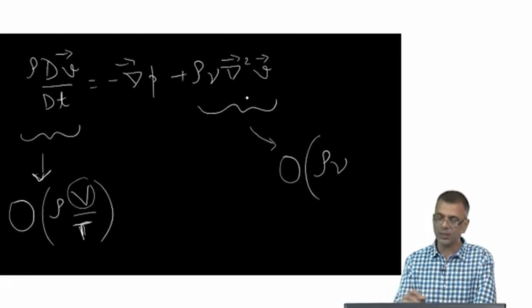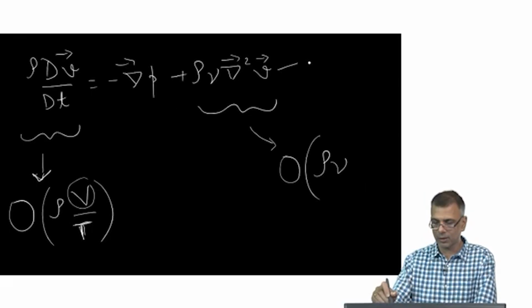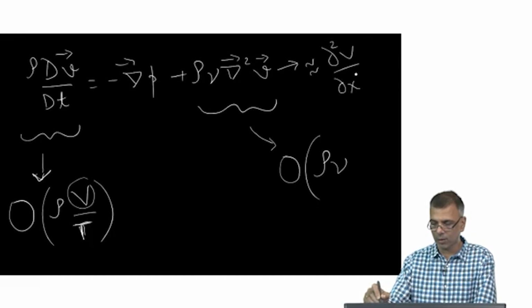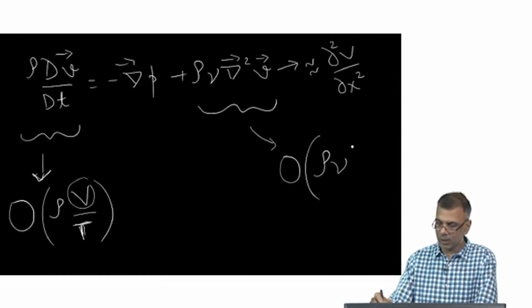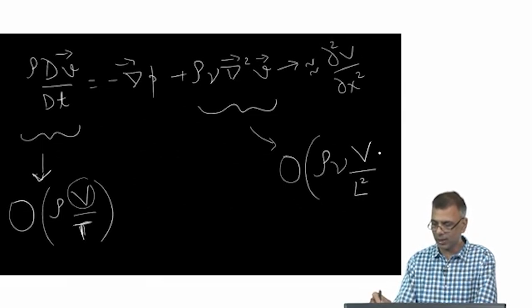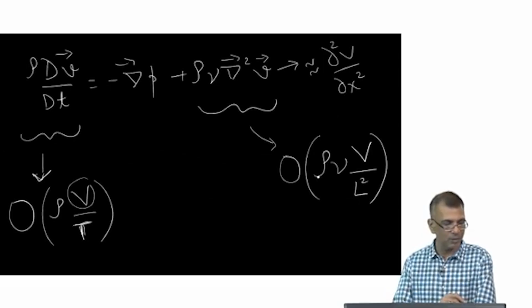So it's essentially velocity divided by some length scale squared. It is some kind of characteristic velocity divided by some kind of characteristic length scale squared. That's the order of magnitude of this term.